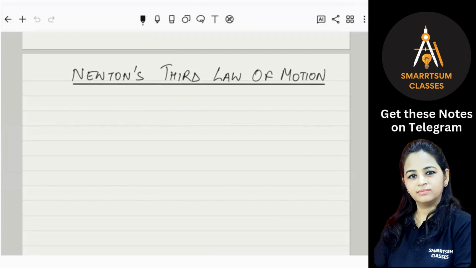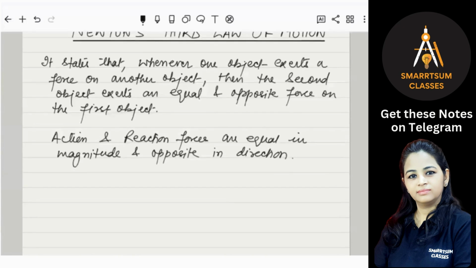When one object applies a force on another object, then the second object also applies an equal and opposite force on the first object. This is Newton's third law of motion. So write down: these action and reaction forces are equal in magnitude and opposite in direction.